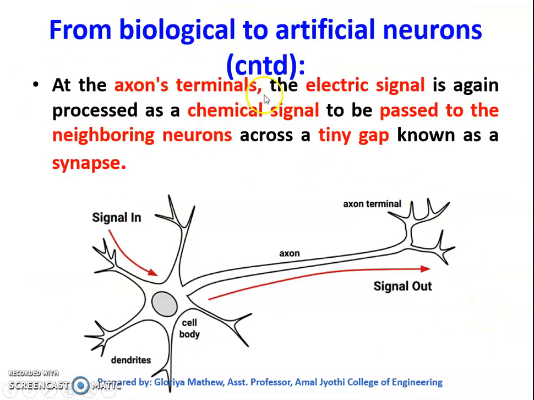At the axon terminal, the electrical signal is again processed as a chemical signal to be passed to the neighboring neuron across a tiny gap known as the synapse, to the other cell.